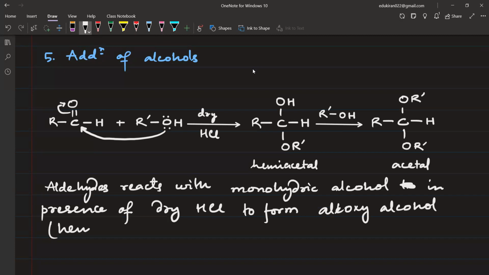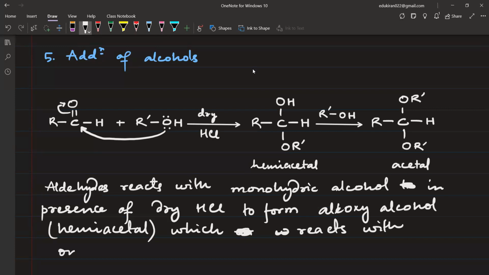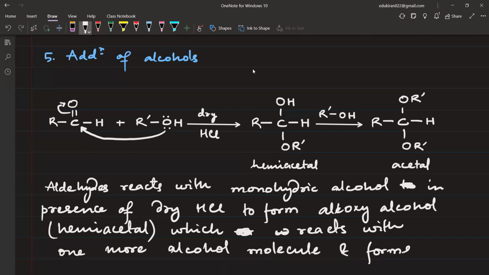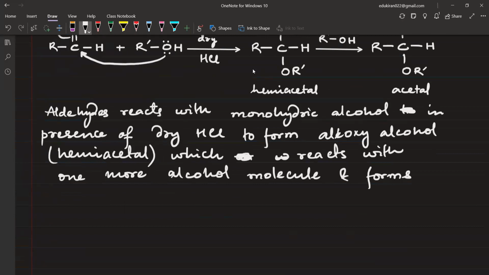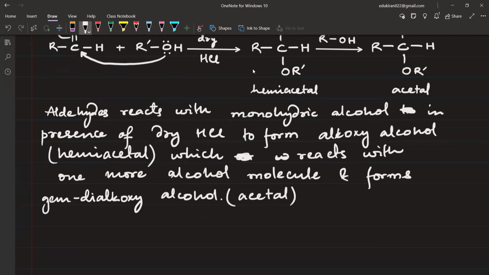It is known as hemiacetal, which reacts with one more alcohol molecule and forms gem dialkoxy compound. This is known as acetal.